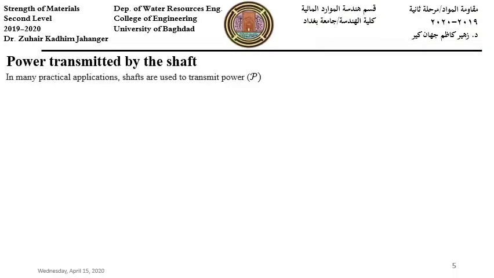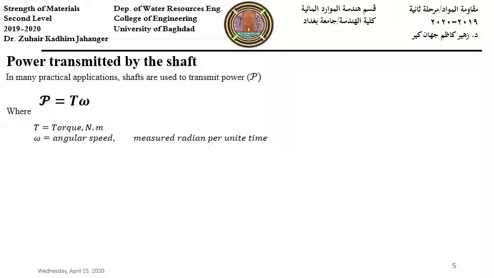We have also discussed the power transmitted by the shaft. In many practical applications, shafts are used to transmit power P, and power equals torque times omega, where T is the torque and omega is the angular speed measured in radians per unit time.